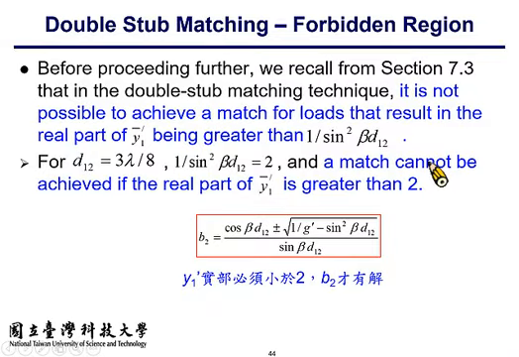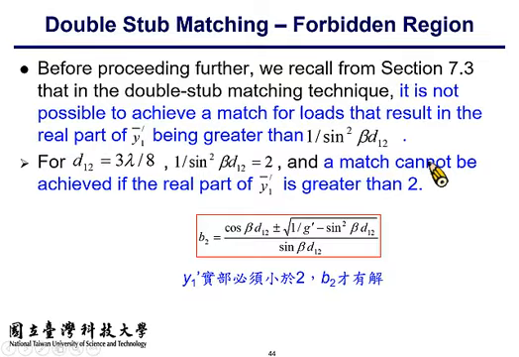And to have a real solution for B2, the thing inside the square root must be greater than 0. If the number here is smaller than 0, then you have no real solution. So the condition is 1 over G prime must be greater than the square of sin beta D12.